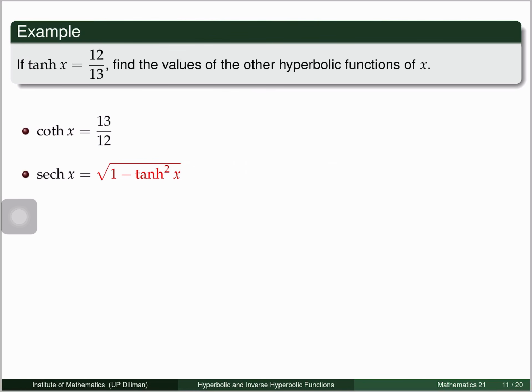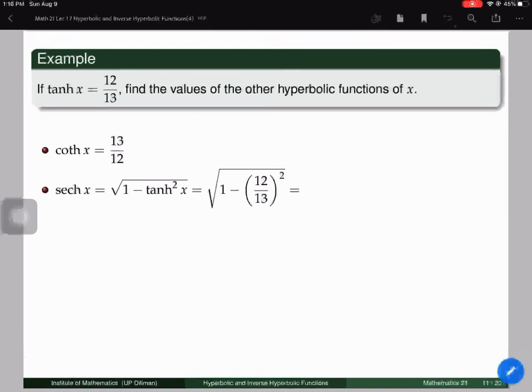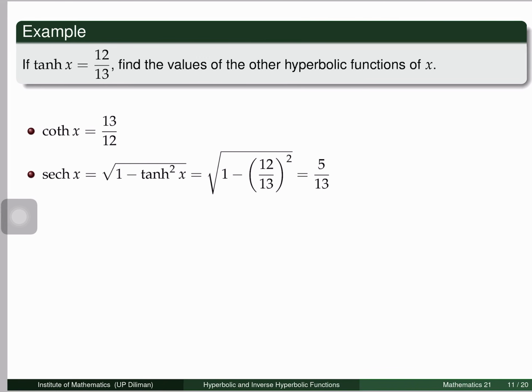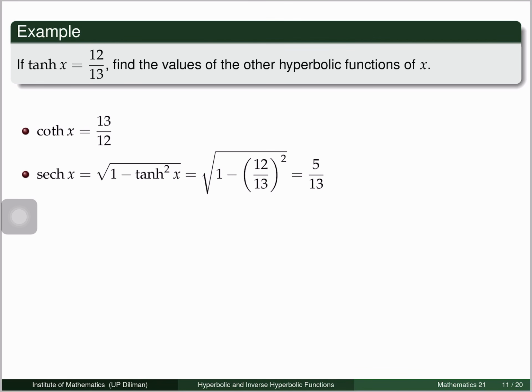Pero dito, plus lang yung kinuha natin. Bakit kaya? So malalaman ang sagot from the graph of sech x. Tignan nyo na lang. So, plugging in the value of tanh x and simplifying, we get 5/13. So, madali mo makuha yung cosh x, reciprocal identity ulit.